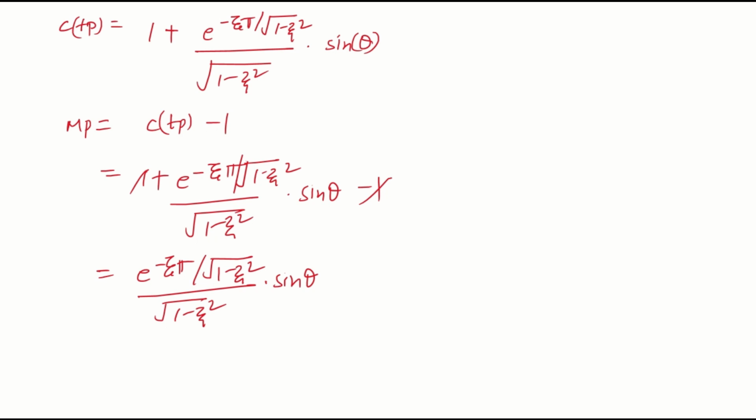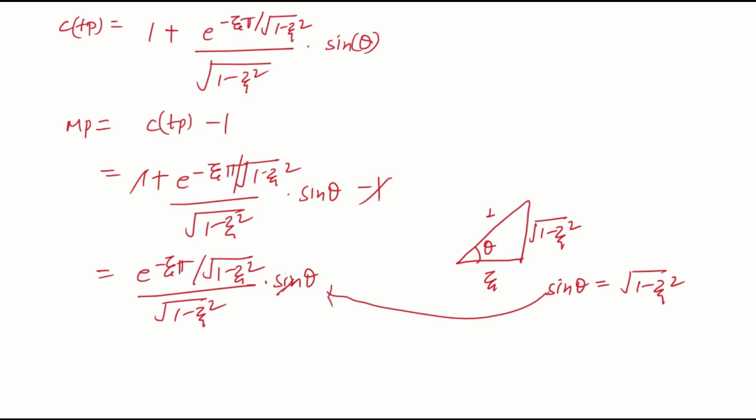Now, if you remember the right angle triangle which we defined in the derivation of the response of the underdamping case, this angle was theta, the hypotenuse is 1, the base was zeta, and the perpendicular was root 1 minus zeta square. In this right angle triangle, the value of sine theta is equal to root 1 minus zeta square. Now, if I put this value here, these two values will get cancelled.